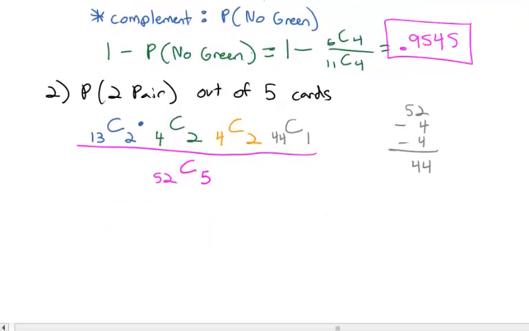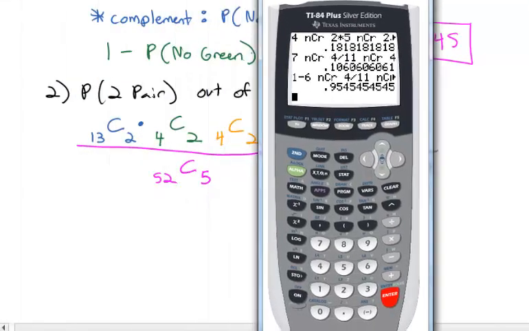This will give us the probability of the most basic winning hand possible in poker.